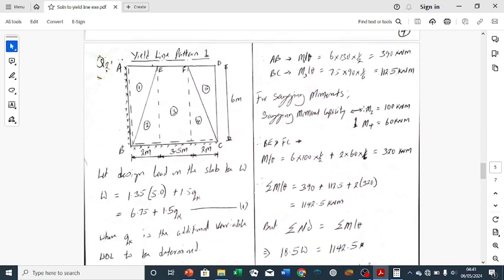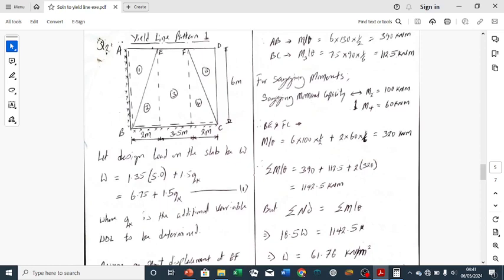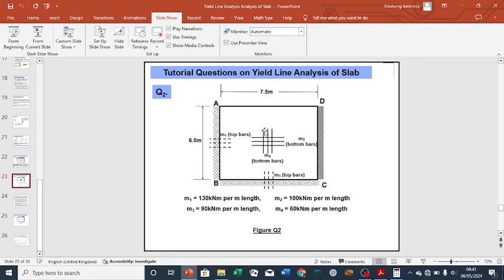So we go ahead to calculate our sagging moment. Also for the sagging moment, remember again from the question, let's go back to the question. You look at the vertical reinforcement here, M4, which was 60 kilonewton meter per meter, while the horizontal one, M2, was 100 kilonewton meter per length.